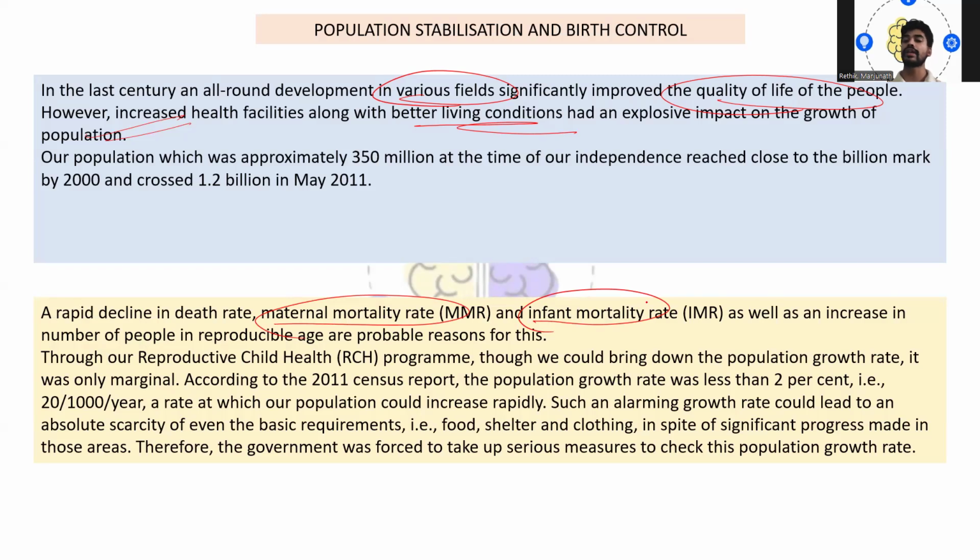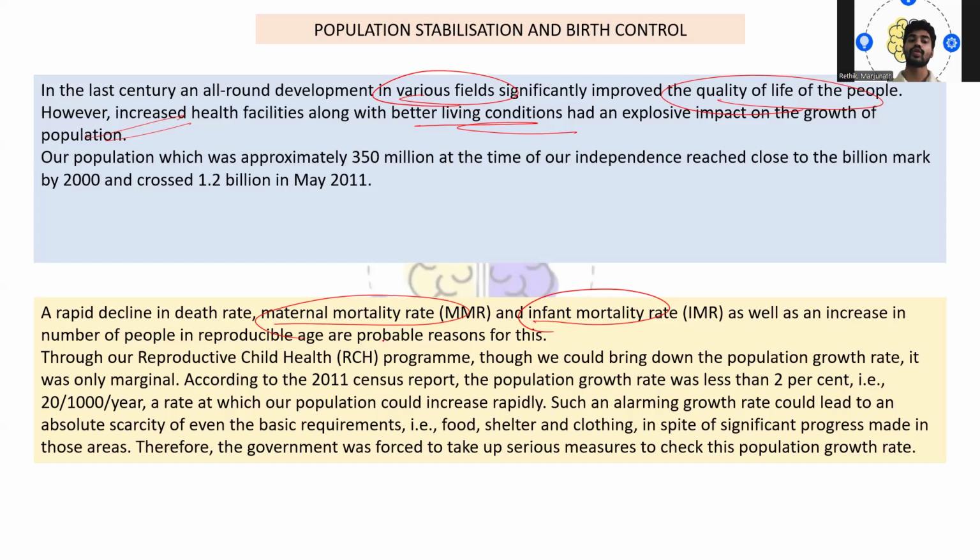This has also increased the number of people in reproductive age, which is probably the reason for the growth rate increasing. Through our Reproductive and Child Health program, that is RCH, we are trying to bring awareness and bring down the population growth rate.